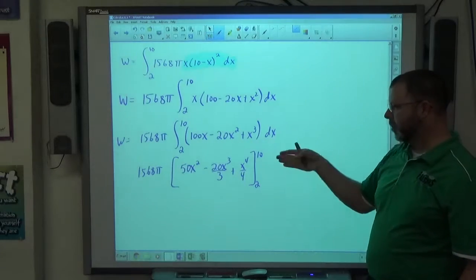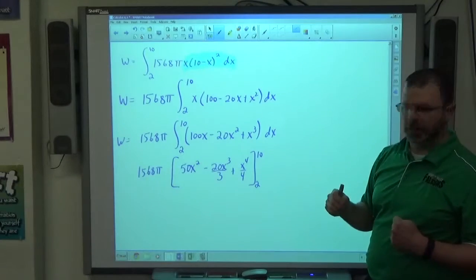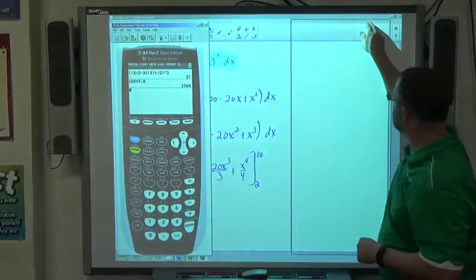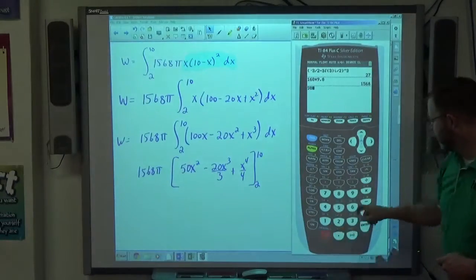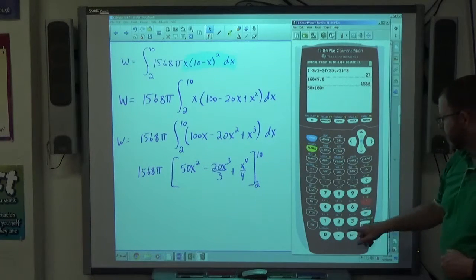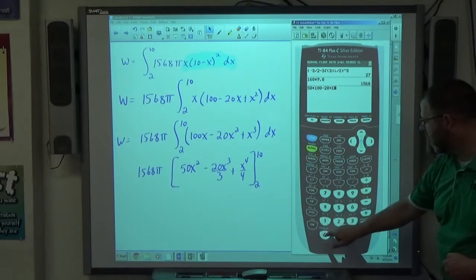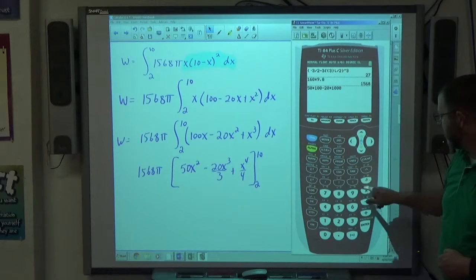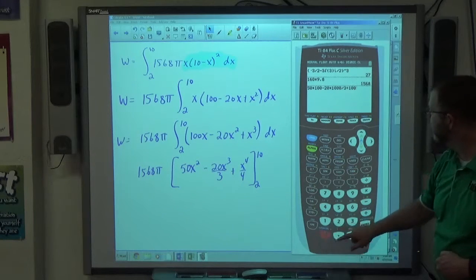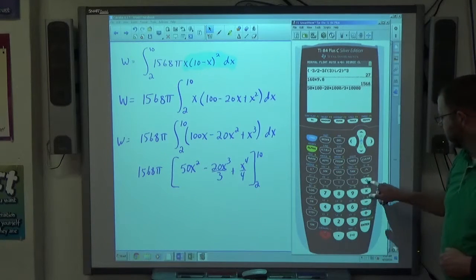So I'll put 10 in, put 2 in, subtract the 2 results, and get your answer. So I'm going to type in 50 times 100 minus 20 times 1,000 divided by 3 plus 10,000 divided by 4.